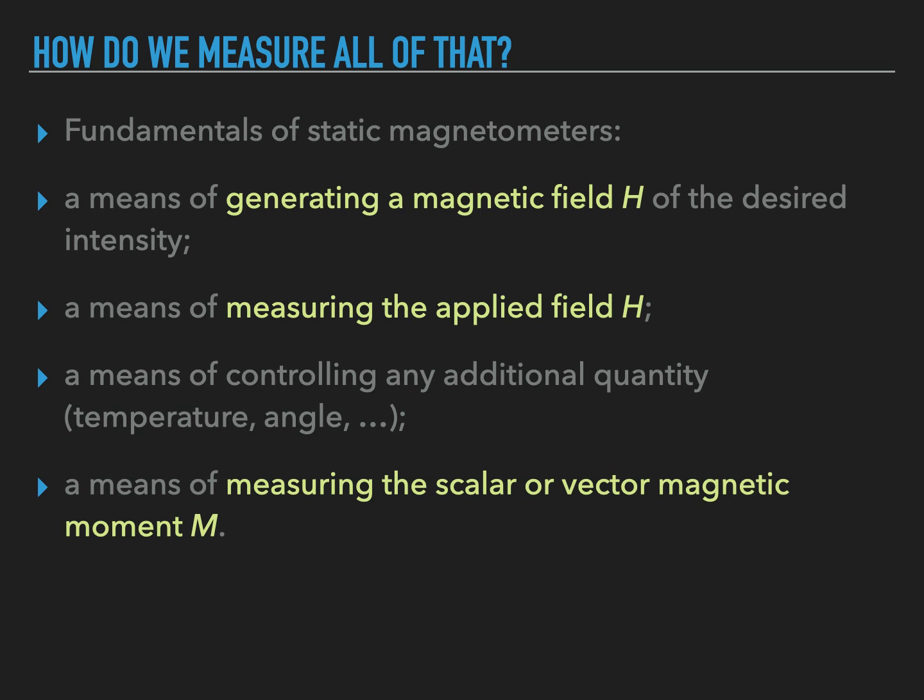The third mandatory component is a means of measuring the scalar or vector magnetic moment of the sample. Additionally, there can be as many components as you want that are able to measure or control any additional quantity that can affect the magnetic moment that you measure, for example, the temperature, the angle, and so on.